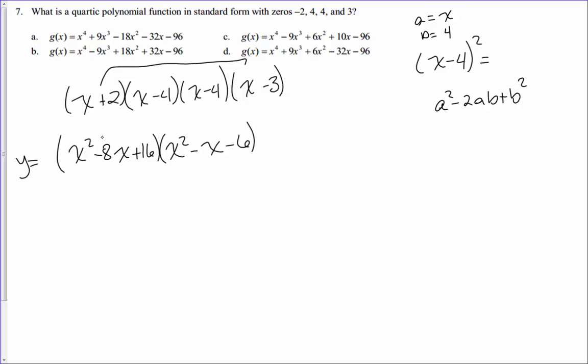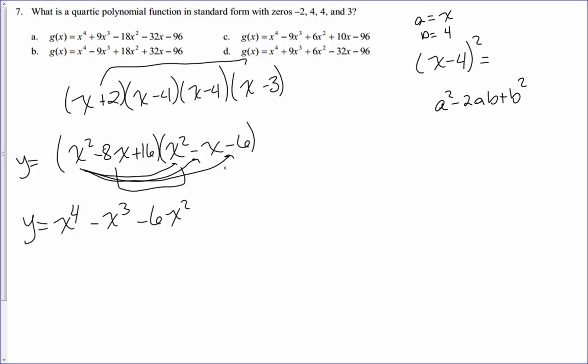Now we just have to multiply all 3 of these by all 3 of these. And this is where the time's going to have to be spent. So x squared times x squared is x to the 4th. x squared times negative x is negative x cubed. x squared times negative 6 is negative 6x squared. Negative 8x times x squared is negative 8x cubed.